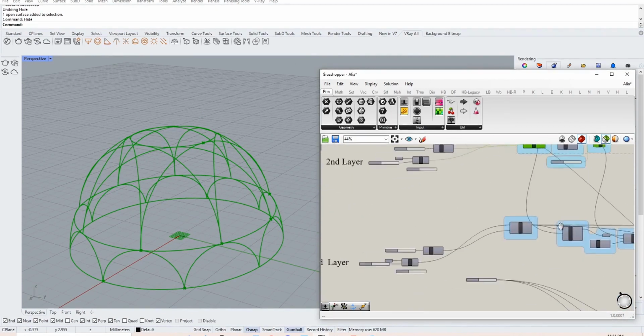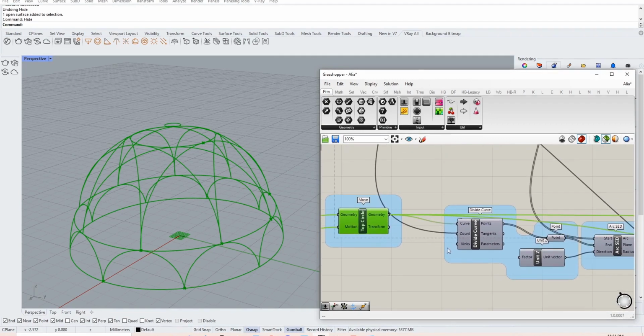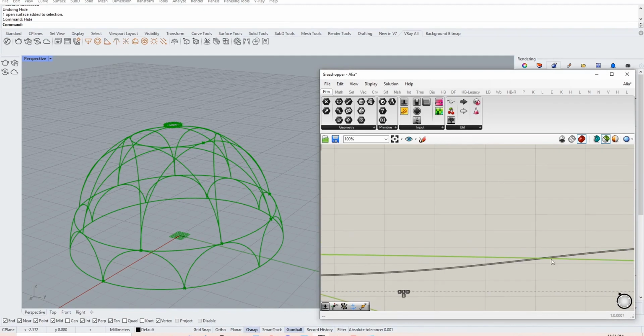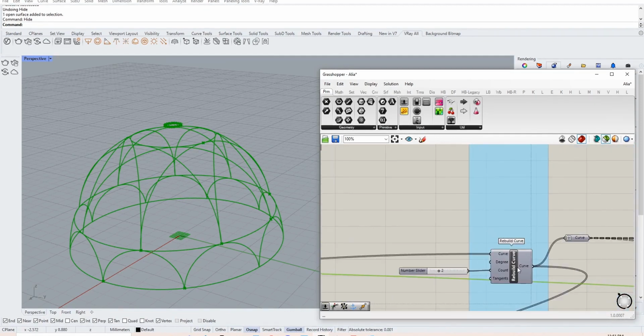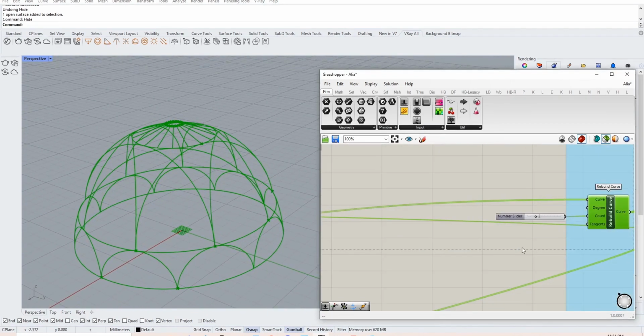The rest is a fairly simple process of also adding another circle, dividing it, and then using the division points between that circle and its previous circle to create this sort of line.